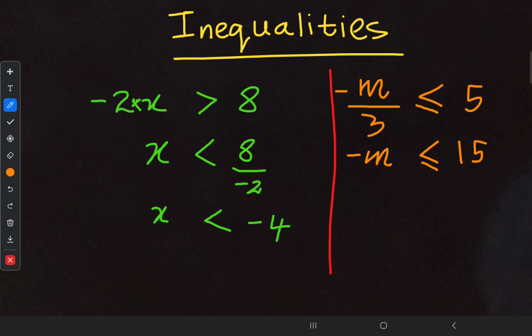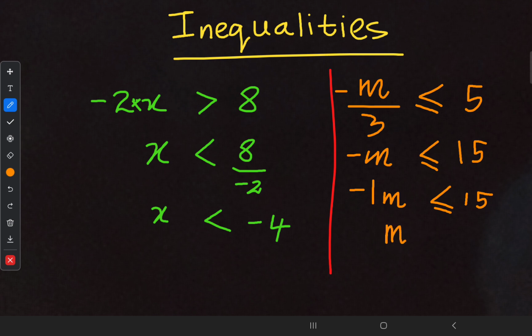When you think about the direction for m, negative m, we can represent negative m as negative 1m. Negative m and negative 1m both hold the same meaning. That means negative 1 multiplied with m gives you negative m.